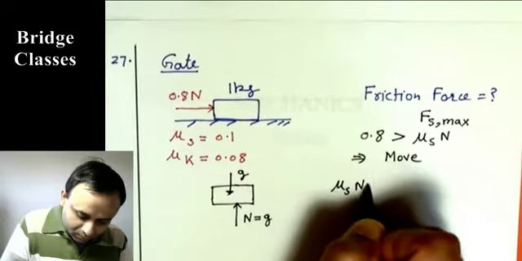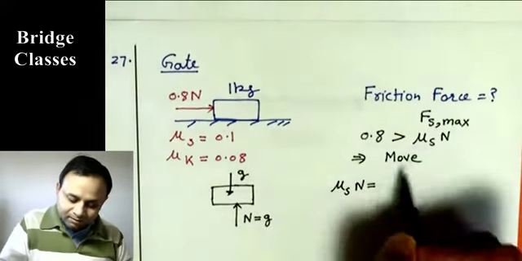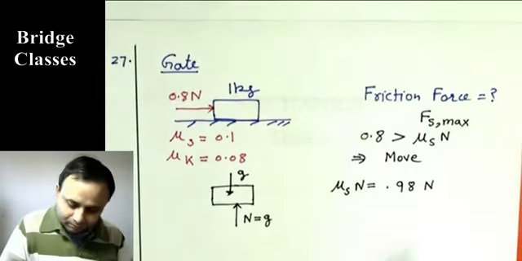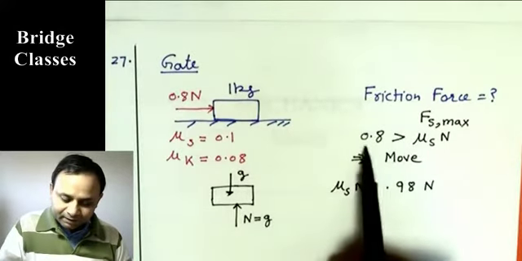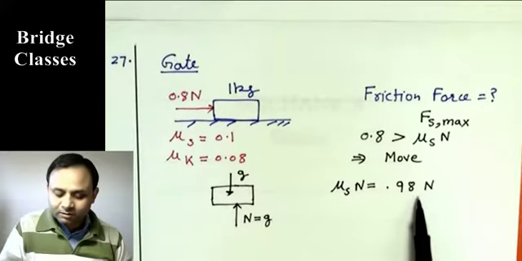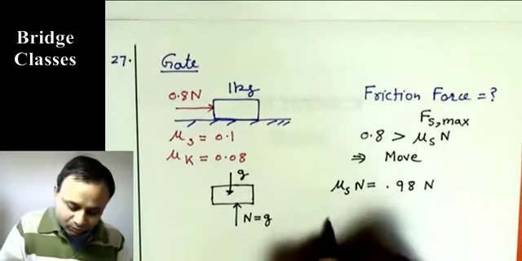Mu s n, that is 0.1 times g, so that is 0.98 Newton. Now you see the applied force 0.8 is actually less than the maximum frictional force that is possible, 0.98 Newton. The body is not moving.